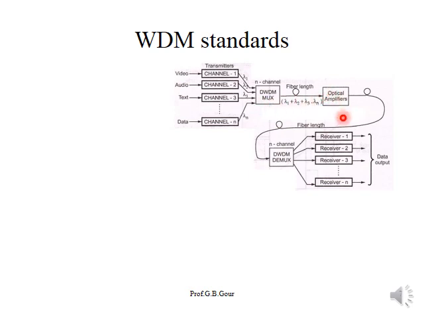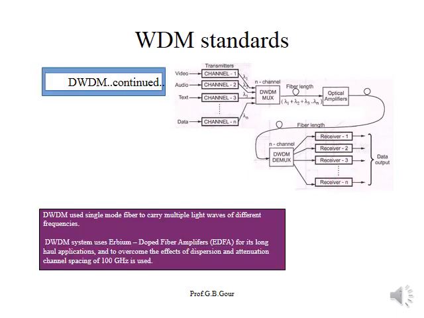Then we come across the amplifiers, as I already explained: post amplifier, inline amplifiers, and here we get pre-amplifiers, demultiplexer, and sharp cutoff wavelengths for the optical filters. Distribution is happening here, like that. So this is how you can explain DWDM.